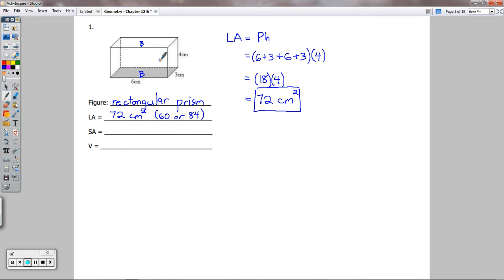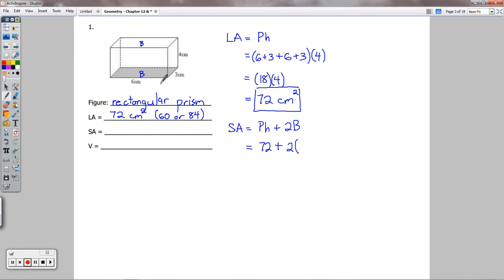Now let's look at the surface area. That is not going to be any different no matter which base you pick. Surface area is the perimeter times height, the lateral area, plus the two bases. I've already done the lateral area, the Ph part, which is 72. I'm just going to replace Ph with 72, and then add 2 times the area of the bases.